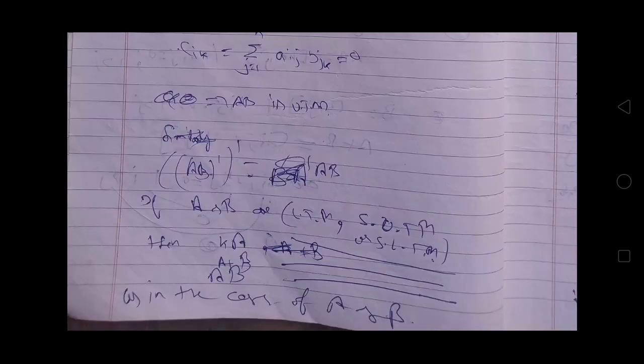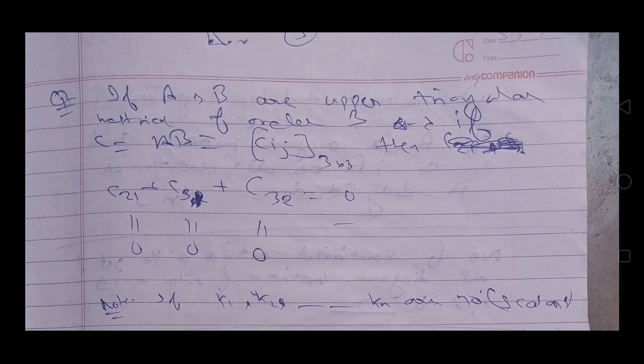Now I have discussed all the properties for upper triangular matrices, but all these properties are also true for strictly upper triangular matrices, lower triangular matrices, and strictly lower triangular matrices. See this question: if A and B are upper triangular matrices of order 3, and if C is equal to A into B, which is some matrix of order 3 cross 3 whose entries are like Cij, then C21 plus C31 plus C32 will become?